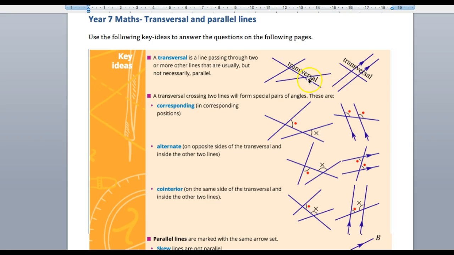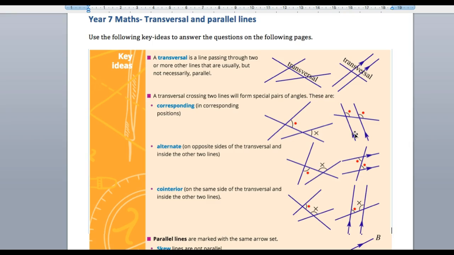It can be either situation. And in each example here, you've got one example where the lines aren't parallel and one example where they are parallel. And I'll just quickly talk through each one, and then I'll actually show you a widget that you can refer to whenever you want to.